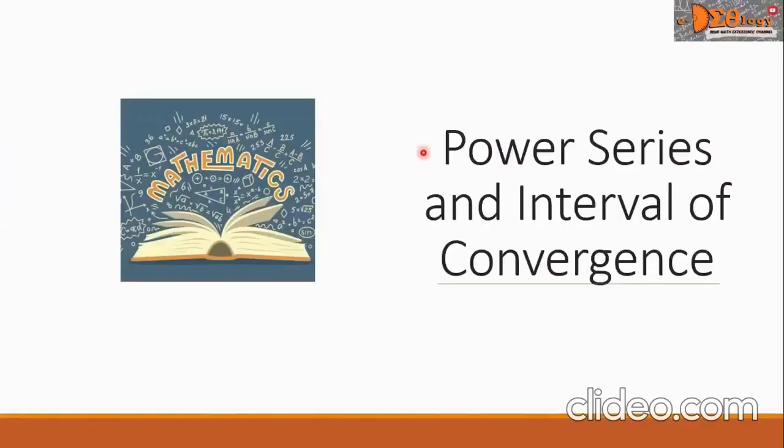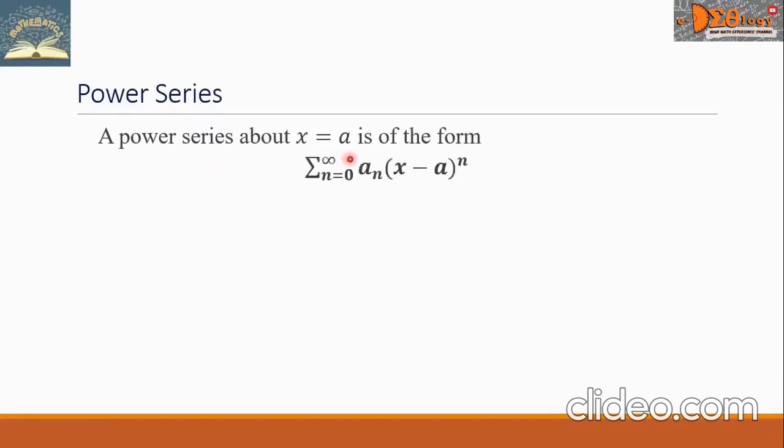Today, we're going to study power series and interval of convergence. A power series about x equals a is of the form summation from n equals 0 up to infinity of a sub n multiplied by the quantity x minus a, raised to power n, where a is the center of the series.